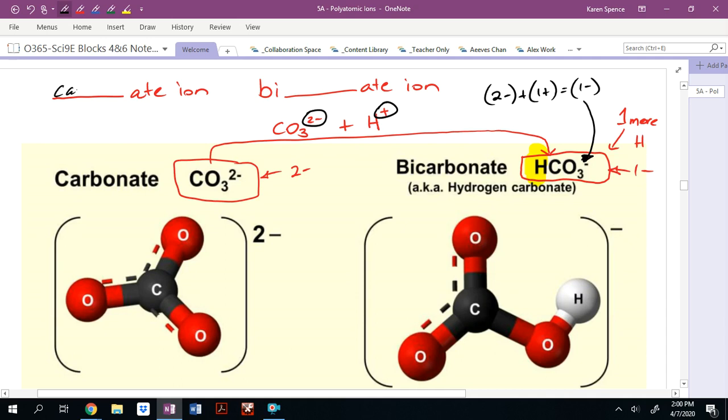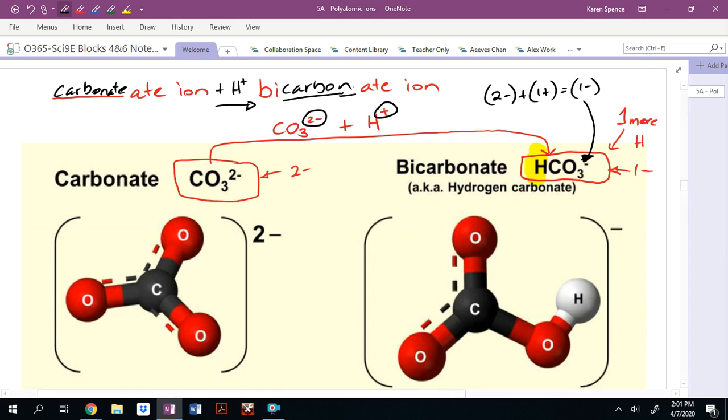In this case, carbonate, if we add an H+, it becomes bicarbonate. Oops, I'm having problems writing. Let's try that one more time. Carbonate, bicarbonate.